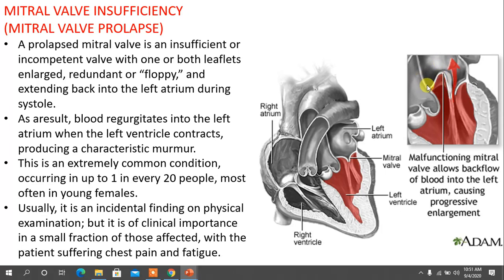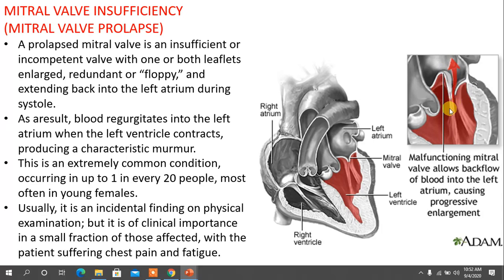So a prolapsed mitral valve has insufficient or incompetent valves with one or both leaflets enlarged, floppy, and redundant, extending back into the left atrium.